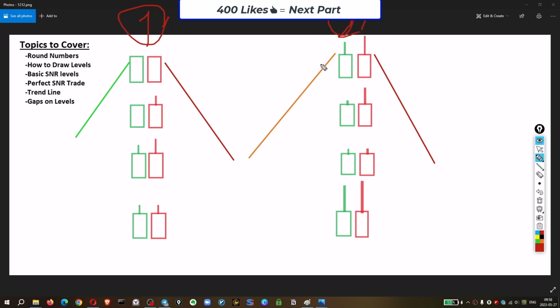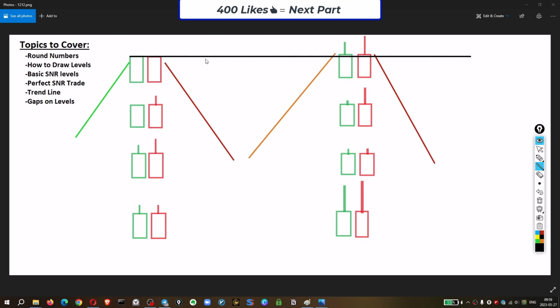1, 2. And how do we draw the level? Because we are talking about the third time. We're going to take our trade on the third time. Is that right? It is right, okay? So when we're trying to draw the level, listen carefully, guys. We're going to draw a line from the body candles, okay?